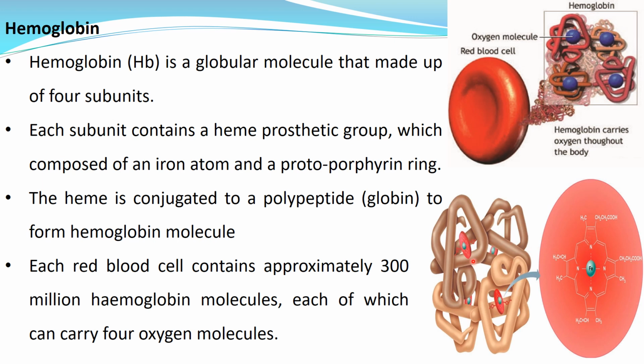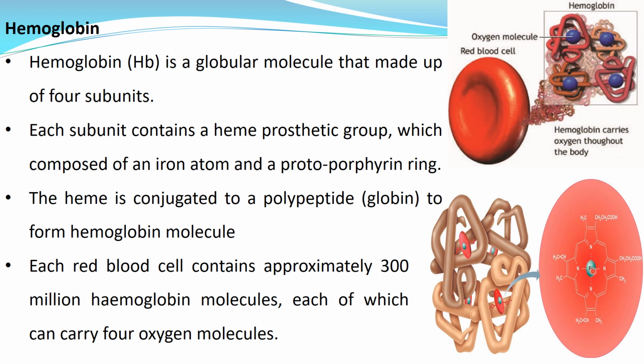So each of these subunits is made of what? Of a heme prosthetic group, and this is the structure of a heme, okay? It contains an iron atom, which is located at the center of a structure called the protoporphyrin ring.